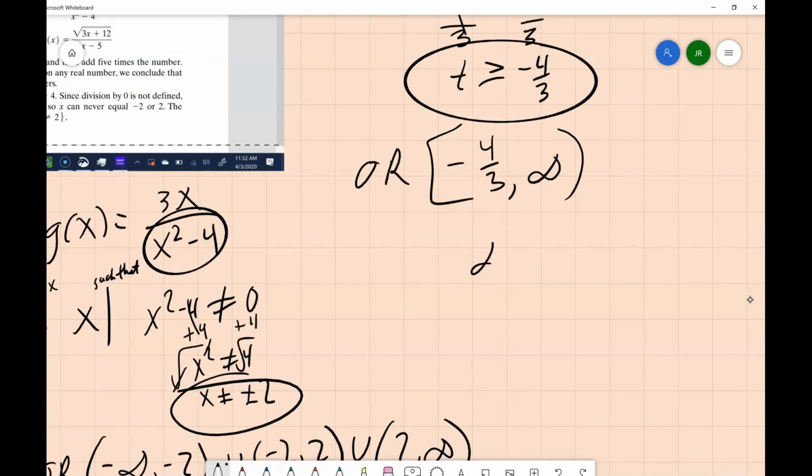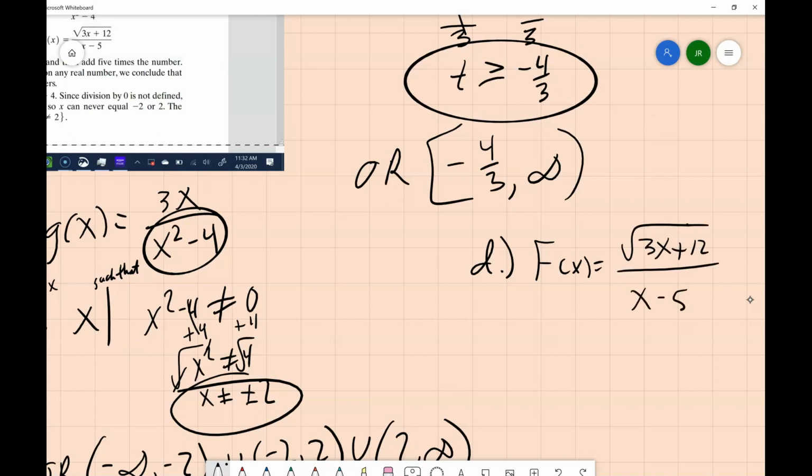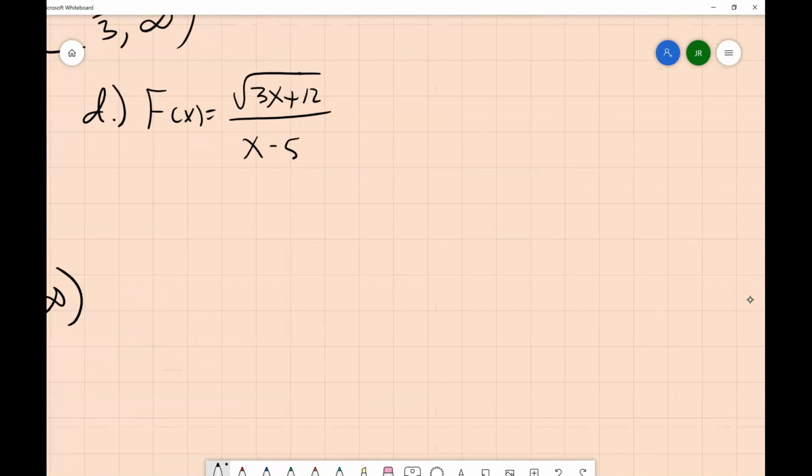All right, part D. F of x equals the square root of 3x plus 12 over x minus 5. Okay, this time we have two possible weird things going on. I got a radical, so what's under that radical can't be less than 0.